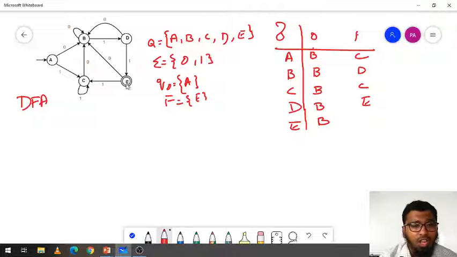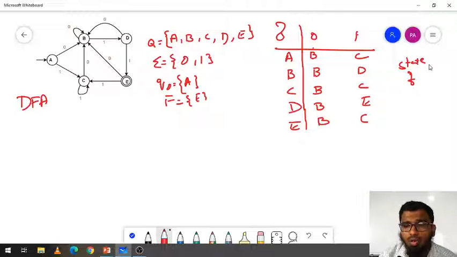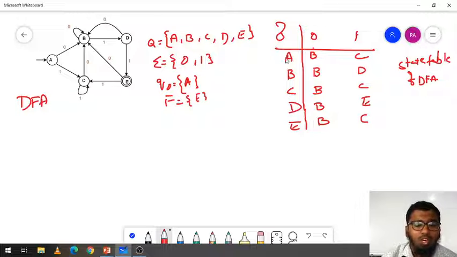From E on 1 it is going to C. So this is the state table of DFA. Now we need to change this into minimization of DFA. Up to here you understand, because we already did this many times in every example. So this is easy, we draw the table.